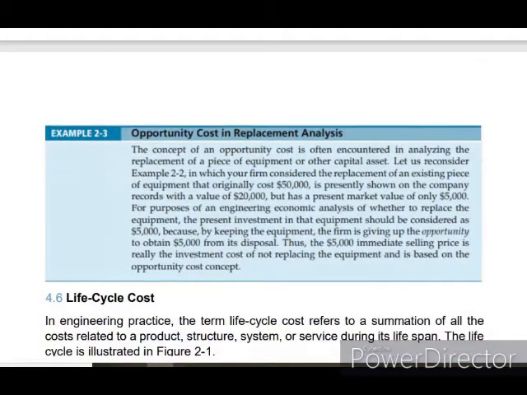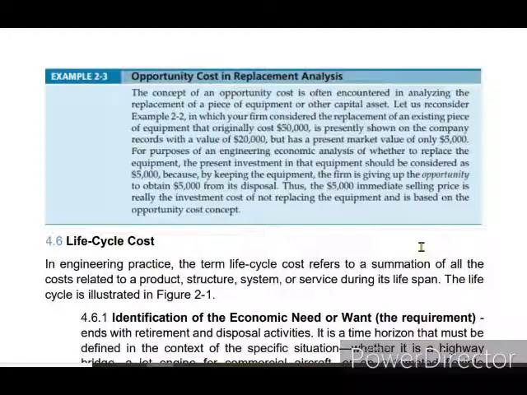Okay, so for example 2-3, opportunity cost in replacement analysis. The concept of opportunity cost is often encountered in analyzing the replacement of a piece of equipment or other capital asset. Let us reconsider the past example in 2-2, in which your firm considered the replacement of an existing piece of equipment that originally cost $50,000.